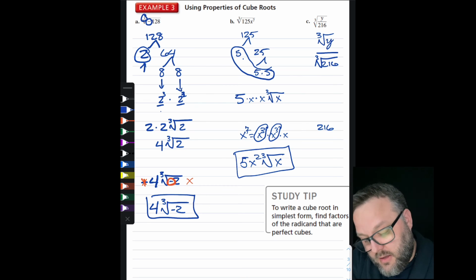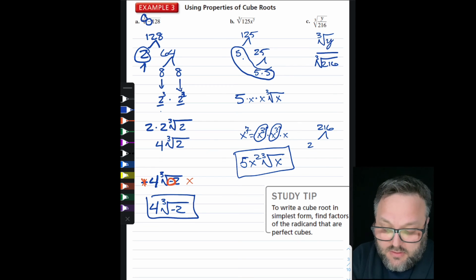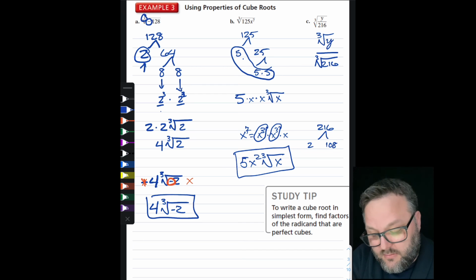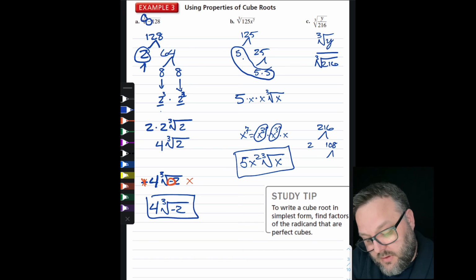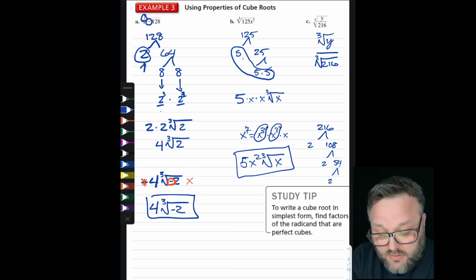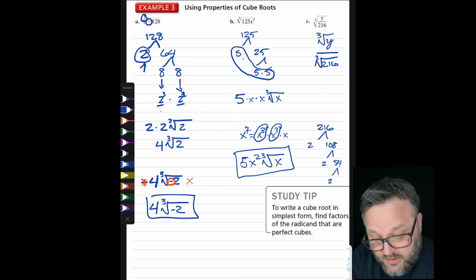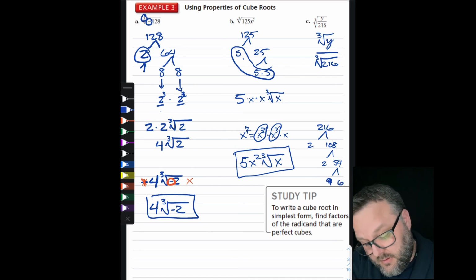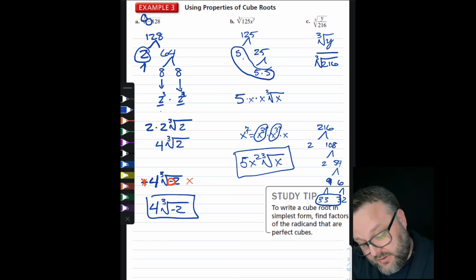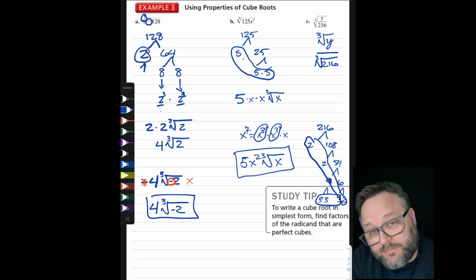216 is the same thing as 2 times 108. 2 times 54, 9 times 6, 3, 3, 3, 2. So I have a group of 3s and actually a group of 2s.